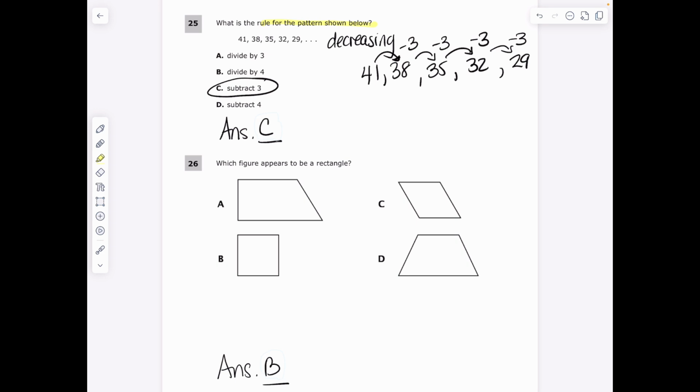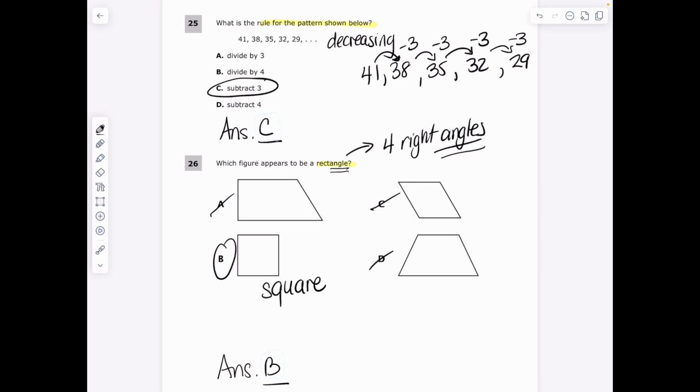Let's look at 26. Which one appears to be a rectangle? I love how they say appears, like we're measuring all the angles. When we think of a rectangle, we have 4 right angles. That's what we're looking for. That's why we call it a rectangle. And the only one that has 4 right angles is B. And I know you're thinking, nah, miss, that's a square.